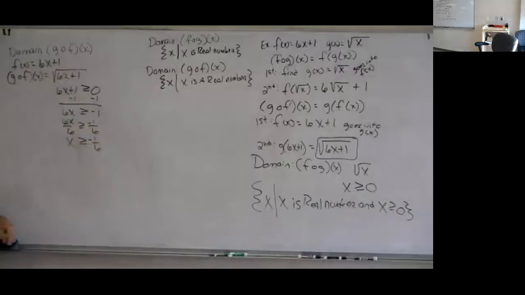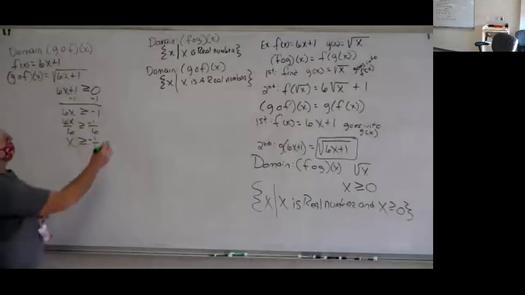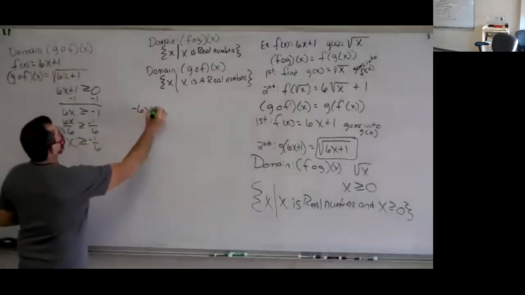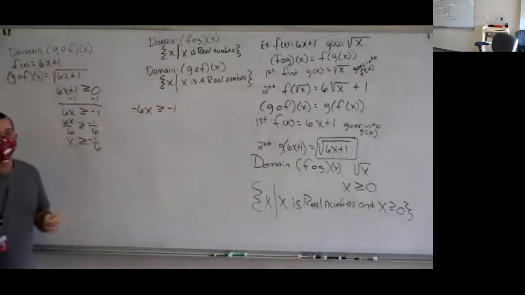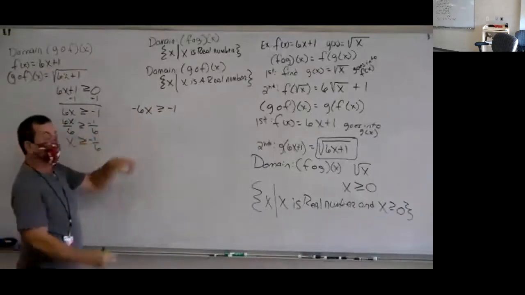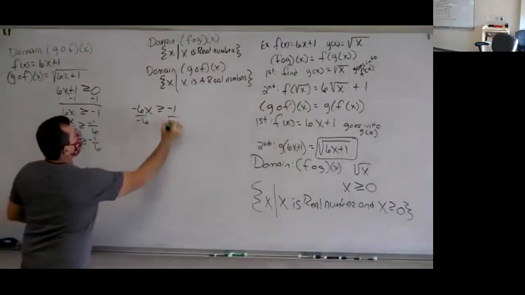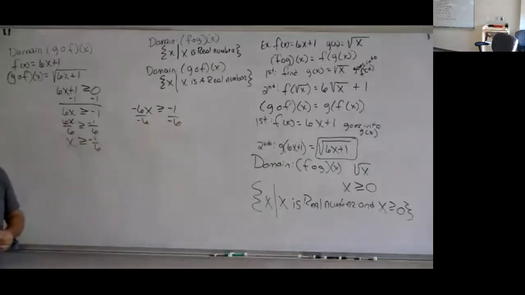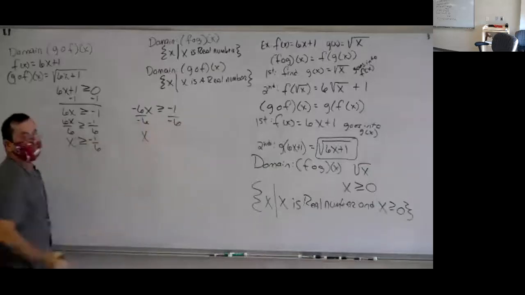Now, remember one thing. What if I had this and I divided this by a negative 6? What would y'all do to that? Well, you bring down that x for sure.